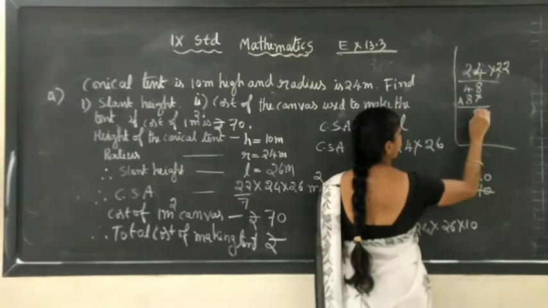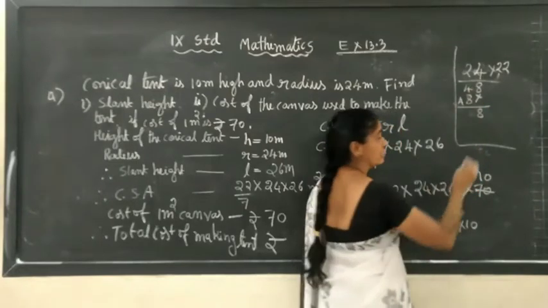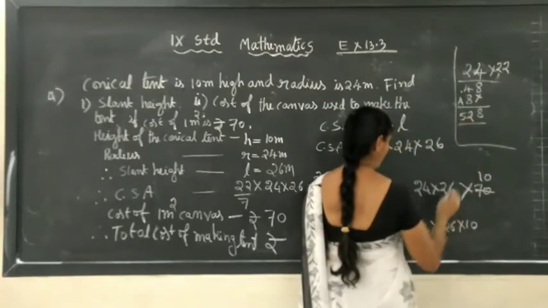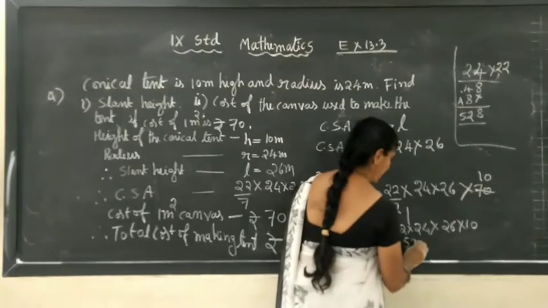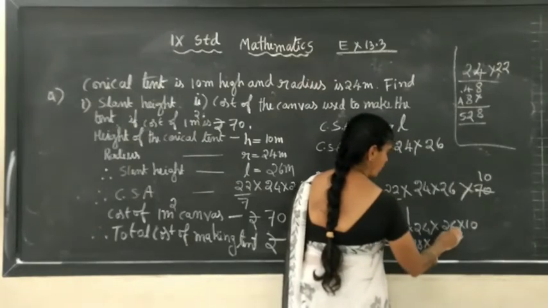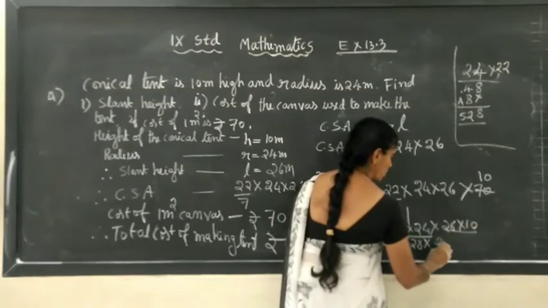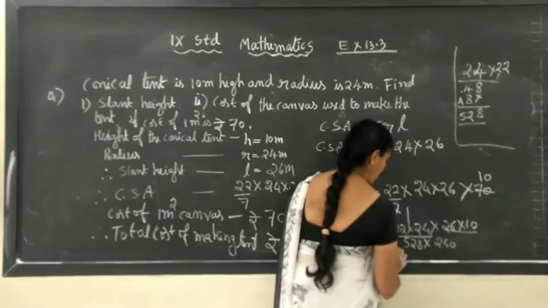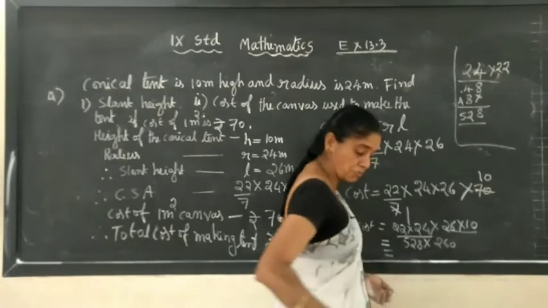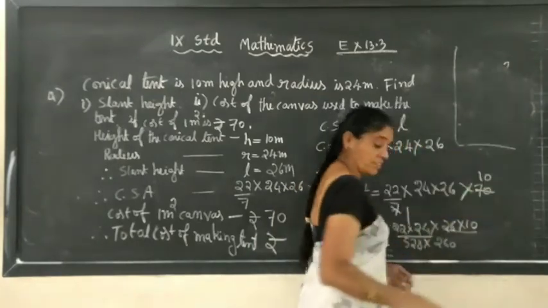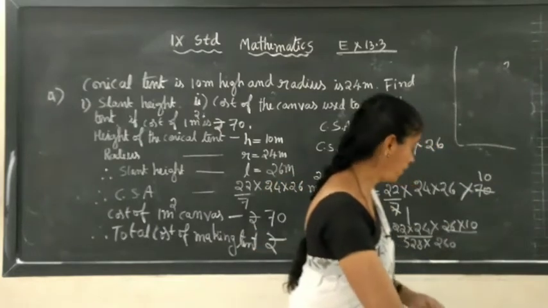Add it, 8, 4 plus 8, 12 and 1 here, 528. So, it is 528 and it is 26 into 10 is 260. Now, last one is multiply these two, get the last answer. It is all rough work, we'll do it separately.